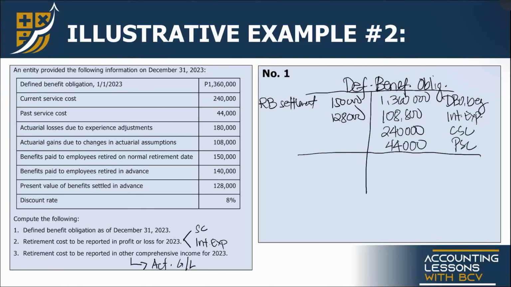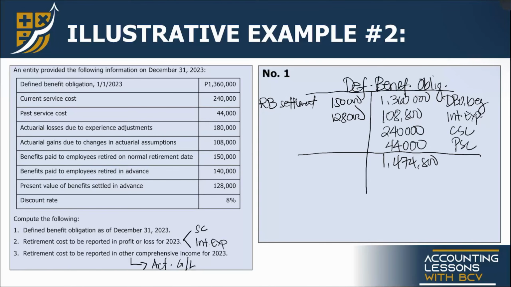So, add all credit sides and less all debit sides. Magkano? 1,474,800. Okay?